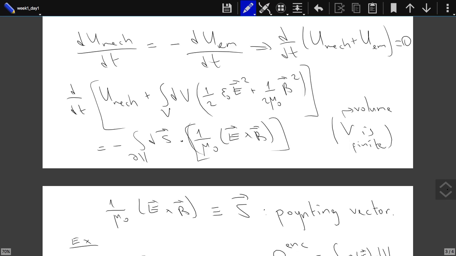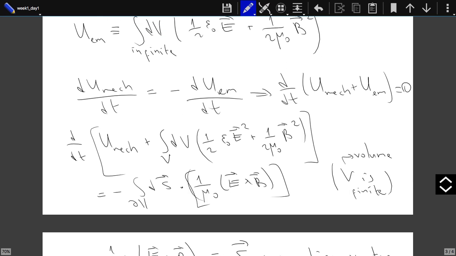Well, it could have been that I have some volume, and within this volume the time derivative is 0. In that case, it would just mean that nothing is flowing out, so the surface integral should be 0. But what would be interesting is if the time derivative of this quantity is non-zero, and I cannot write it as a surface integral.